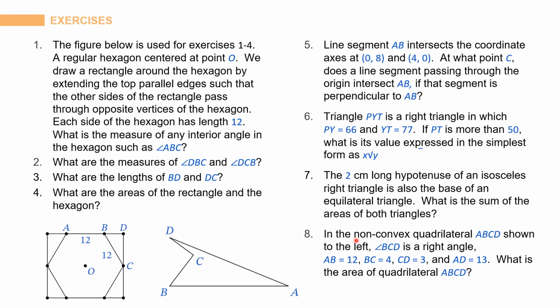8. In the non-convex quadrilateral ABCD shown to the left, angle BCD is a right angle. AB is equal to 12, BC is equal to 4, CD is equal to 3, and AD is equal to 13. What is the area of quadrilateral ABCD?